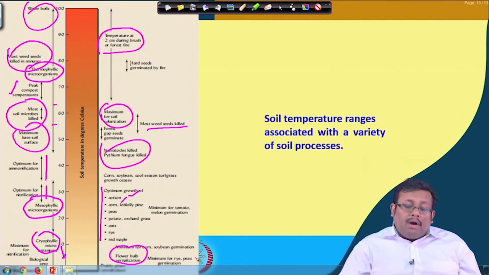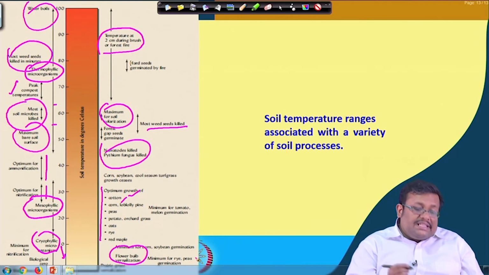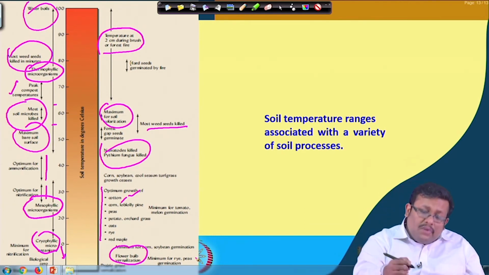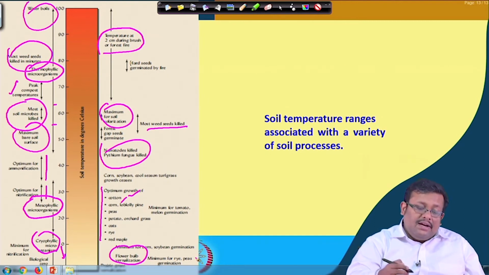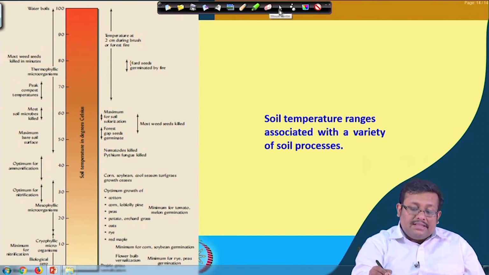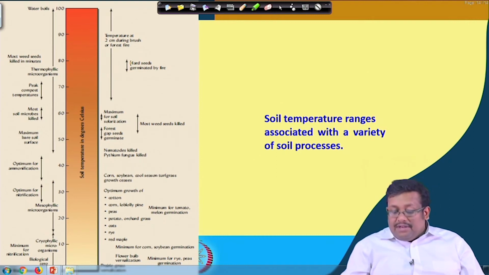So, this is a very important slide. Please remember these temperature ranges, and we will discuss different implications of the soil temperature ranges in coming lectures. I hope that this slide is informative to you.